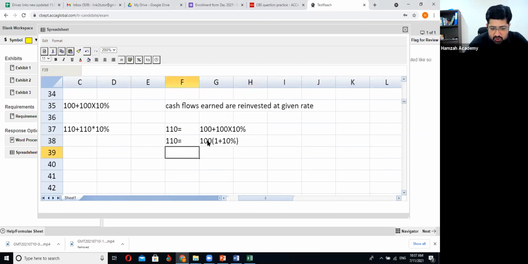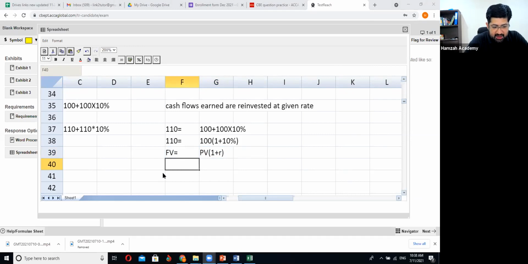So students, just see here. This is 100 you are investing today, the present value. This is the rate you are investing at, R. And this is the amount you will get in 1 year's time, the future value.